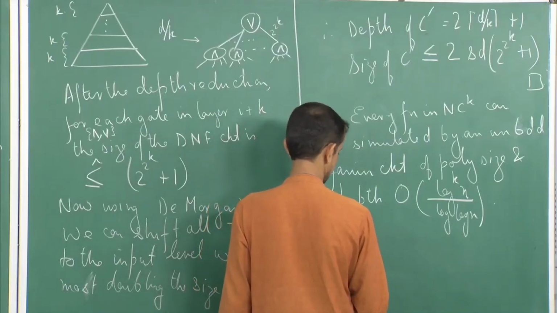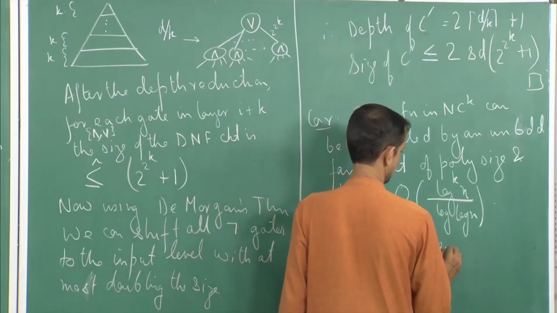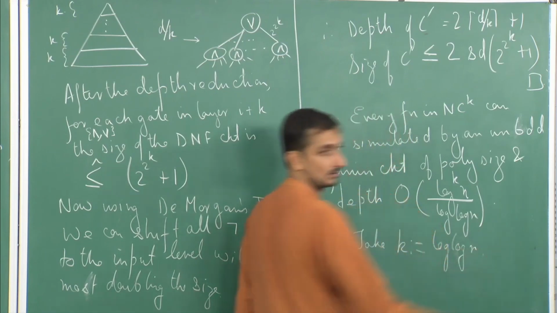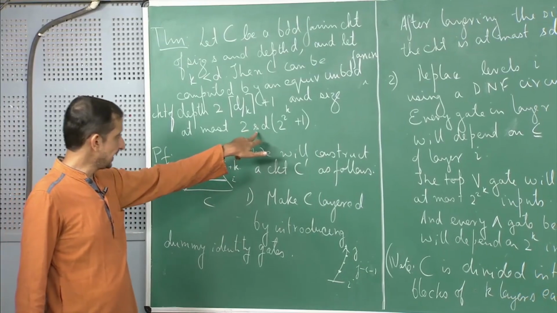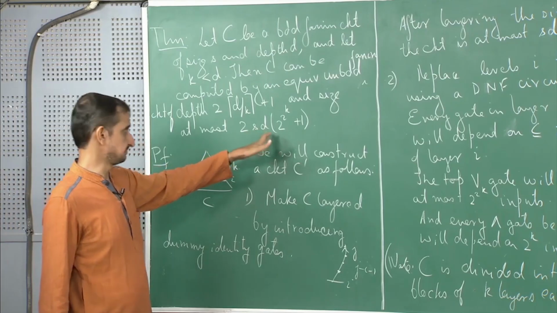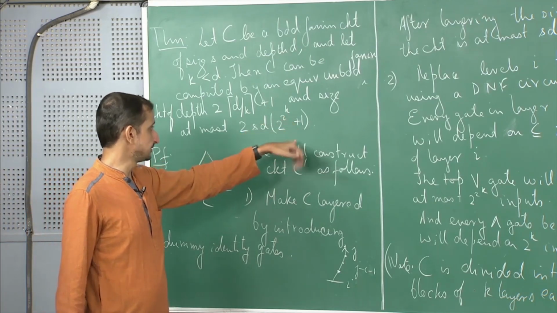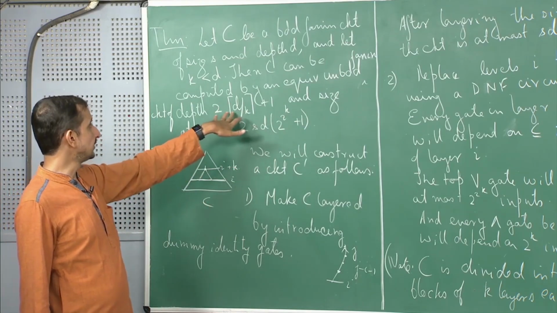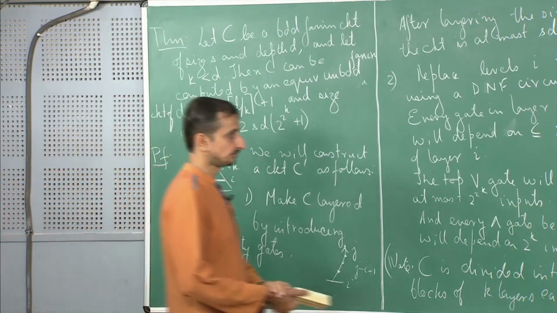You just take k to be equal to log n, that is it. If you take k to be equal to log n, then S times D, which is anyway bounded by a polynomial, times 2 to the power k, which is just n, plus 1 will still be a polynomial, but now the new depth is d by k, which is polylog divided by log n.